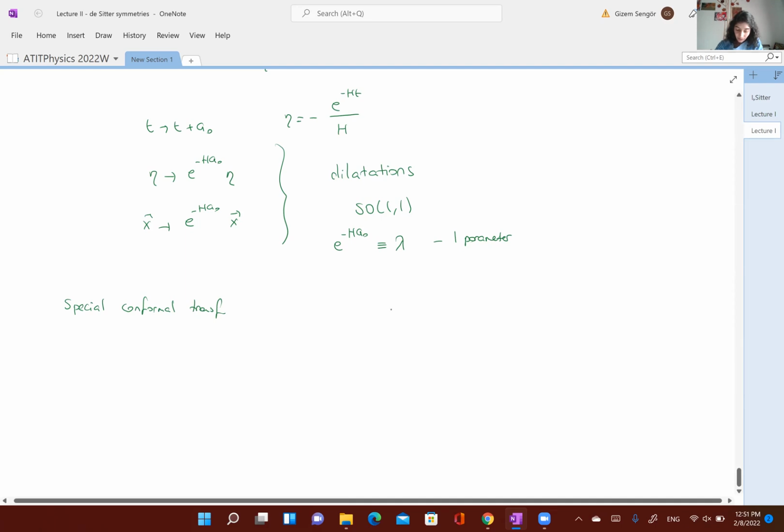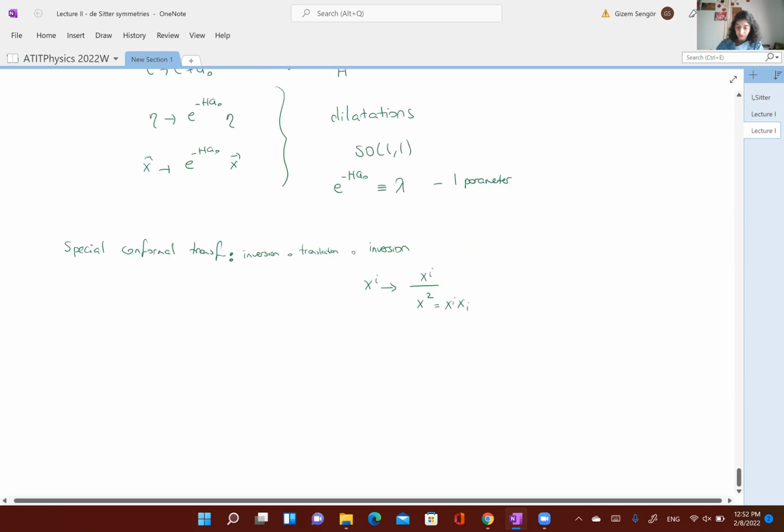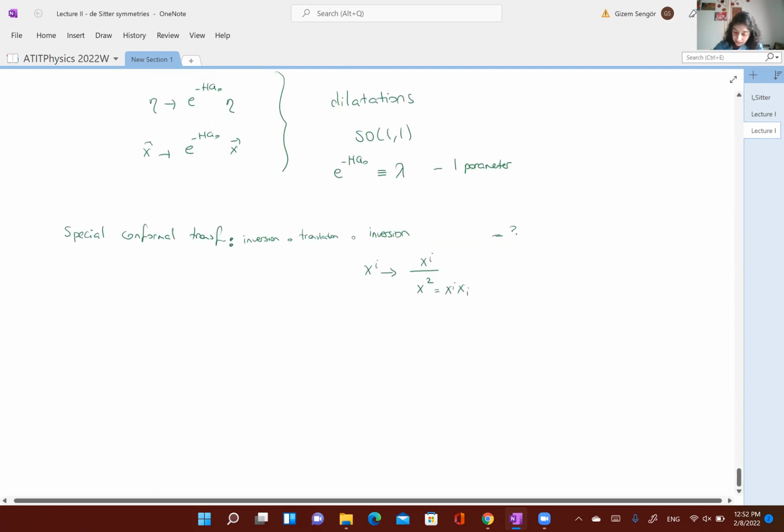But now, these last special conformal transformations are not so easy to see, but you can think of them as doing an inversion. So this means sending coordinates x^i to x^i divided by their length. So you do an inversion, then you do a translation, and then you invert again. This is a combination of transformations, and this is a 3-parameter transformation.